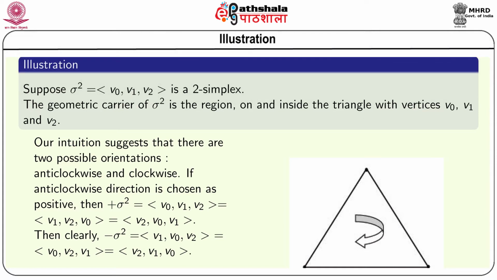One is anti-clockwise and the other one is clockwise. If we take the anti-clockwise direction as positive, then plus sigma 2 is V0, V1, V2, V1, V2, V0 and V2, V0, V1. Then clearly minus sigma 2 will be V1, V0, V2, V0, V2, V1 and V2, V1, V0.